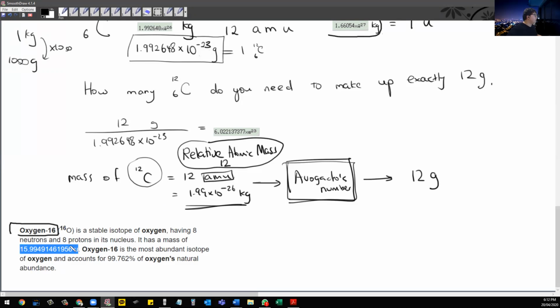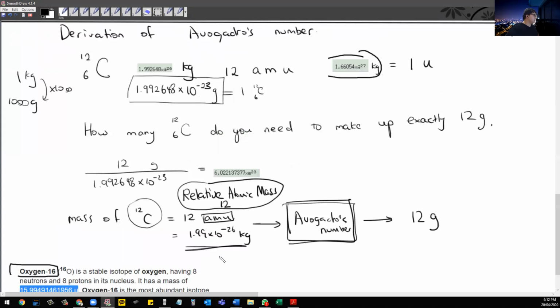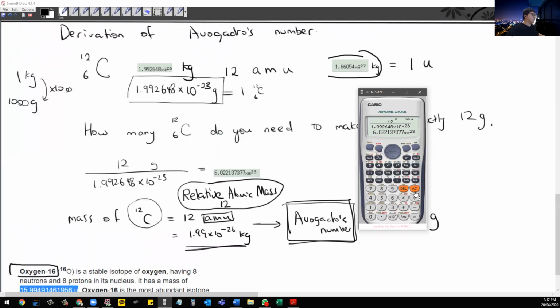I'll prove it to you. Take a look at this. We know that this is 1 U, right? So I'm going to do 1.66054 times 10 to the power of negative 27. That's in kilograms.